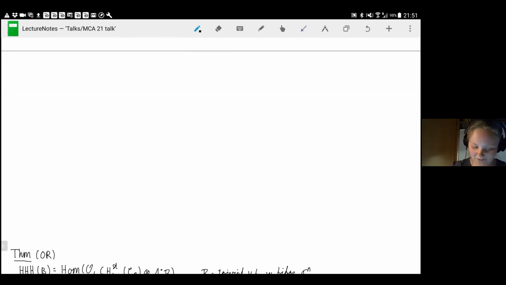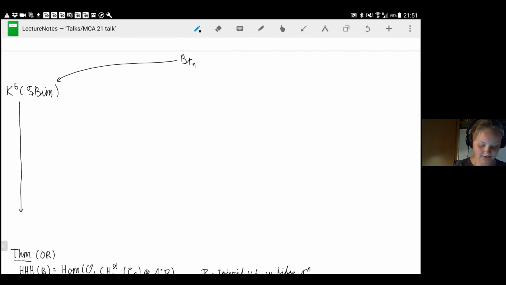Okay, so now I'm going to draw my world map, so to speak. My starting point of everything is a braid, and the construction that I just cited for you, this triply graded homology: what did it do? It takes a braid and associates this giant Rouquier complex, then it takes Hochschild homology of each term, and then takes homology of the whole thing.